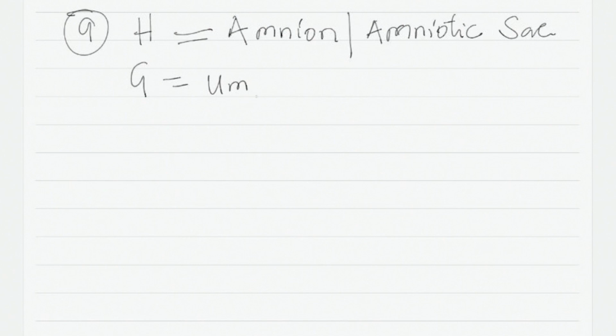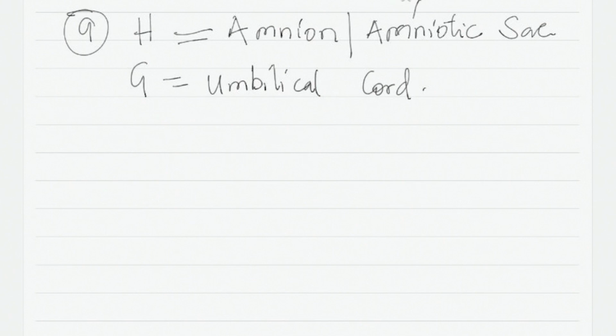Part G is the umbilical cord. What is the function of the amnion, or the amniotic sac?